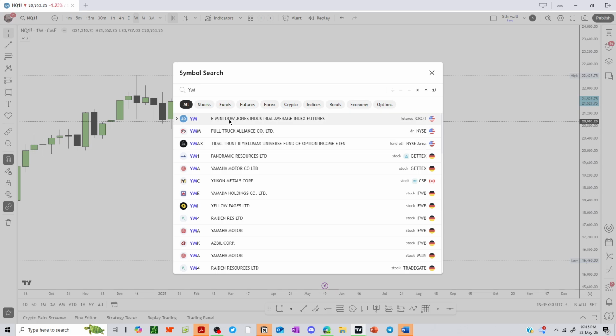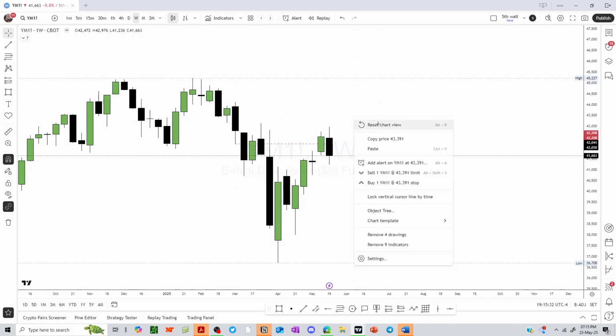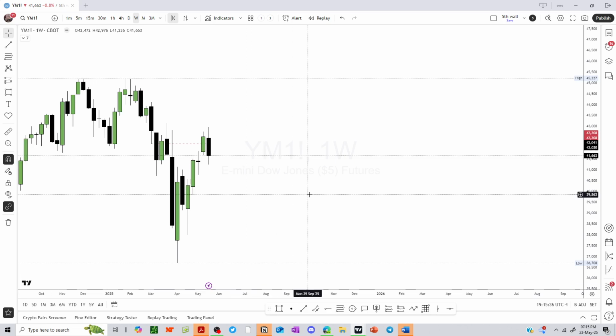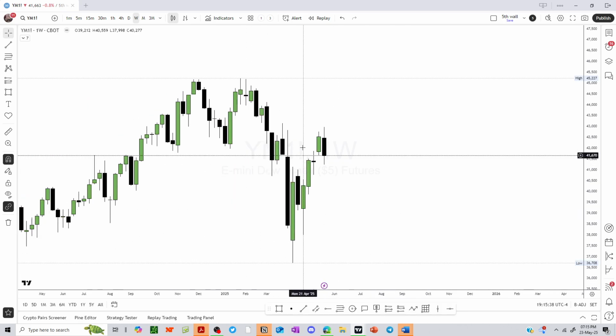But let's see what happened on the YM, a similar situation to the NQ. Let's erase everything on here, and we have here a liquidity void and a bearish fair value gap. Just group that up into one. That was significant before because you see price traded right into it.